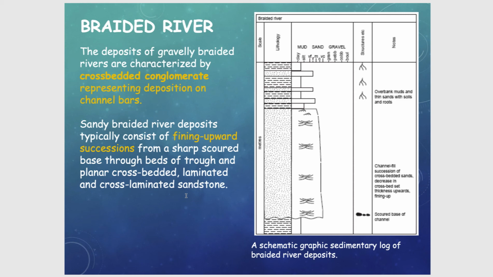Many of the dynamics that occur in braided river systems, remember, is really related to this fluctuation in flow. So if you have a major flooding event, you will end up having changes that occur.